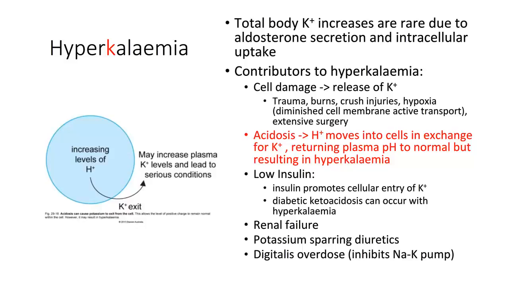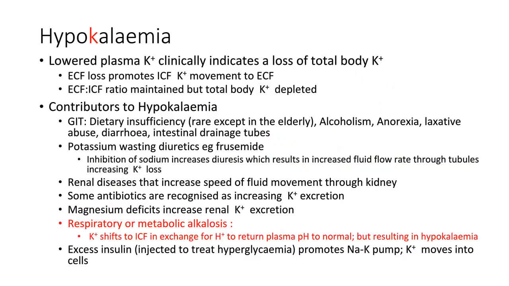The potassium sparing diuretics can cause too much potassium to be retained. And because digitalis, so digoxin, actually acts on the sodium potassium pump, if there's too much digoxin in the system, then it will actually inhibit the sodium potassium pump, and that can mean that the potassium stays in the extracellular space instead of going inside the cells.